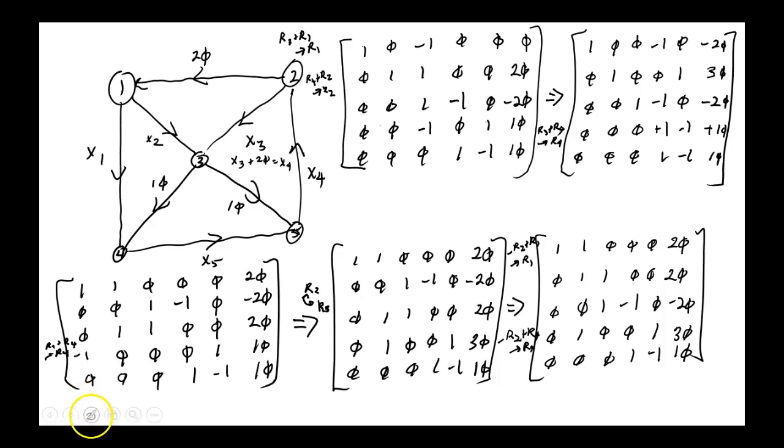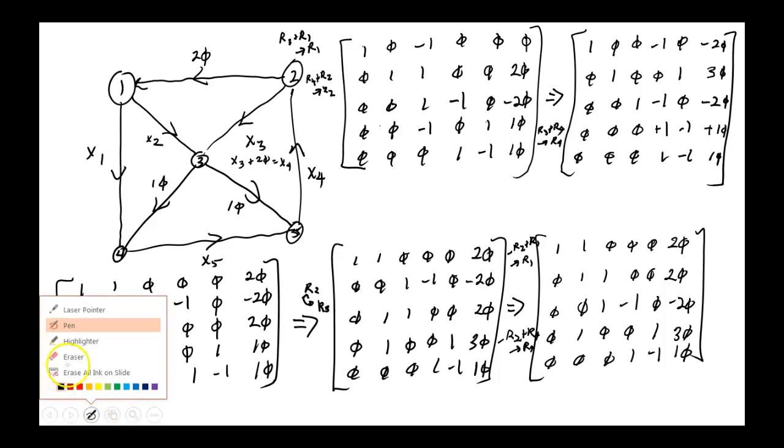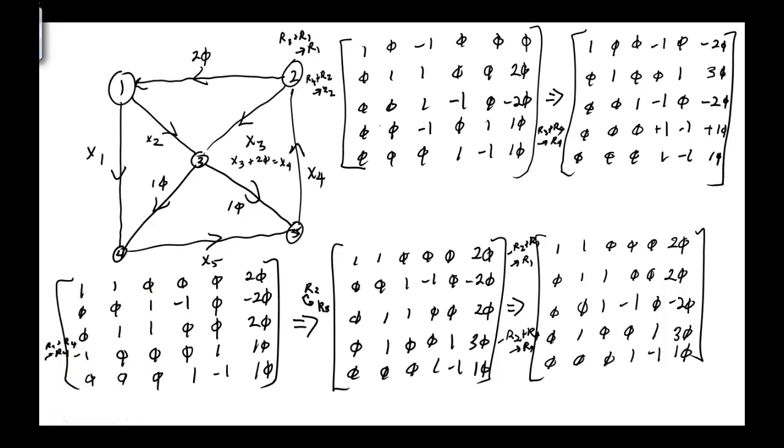I'm going to have to erase some stuff. Now, just have a question for you. Would you rather I snake around and do right to left, or start over here and go left to right? I don't really care. Okay, so wipe out this one and go this way, or come down here.